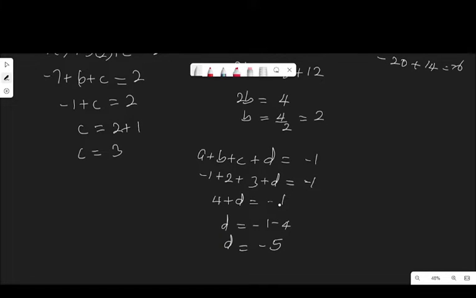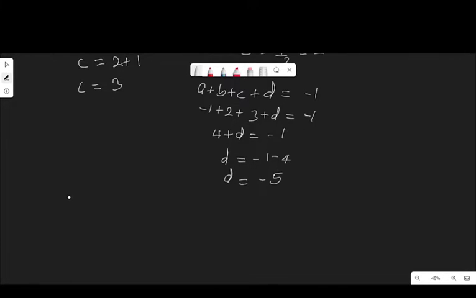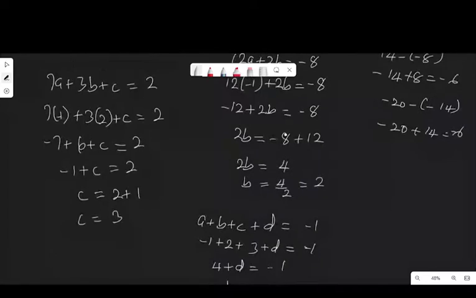So we know the value of a, b, c, and d. Recall that the general term for any cubic sequence is an to the power of 3 plus bn to the power of 2 plus cn plus d. a is minus 1.